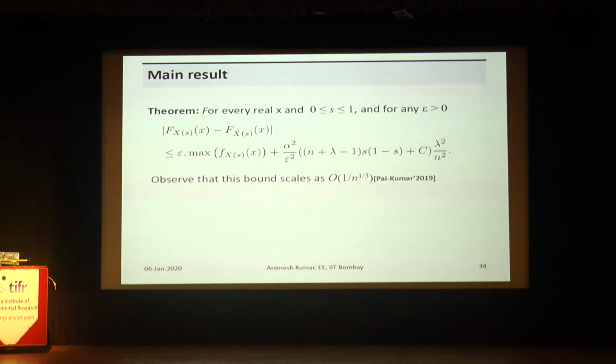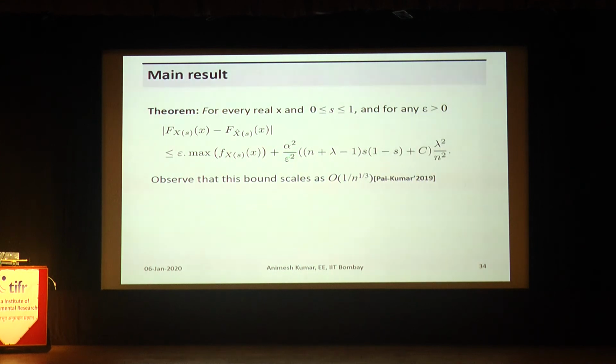And what are the results? It turns out that if you look at x hat, the distribution estimate that we come up with, and compare it against the true distribution of the spatial random field, the error is given by a linear combination of two terms. There's a parameter epsilon that one can tune. There's also a sampling density, the number of samples that we collect from point 0 to 1, and that parameter shows up here.